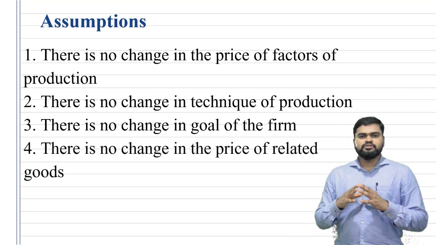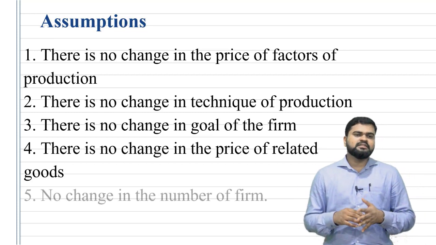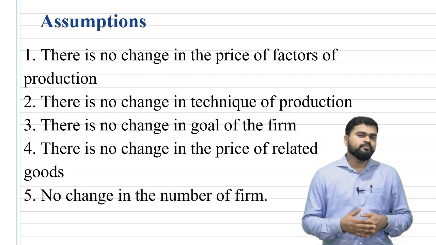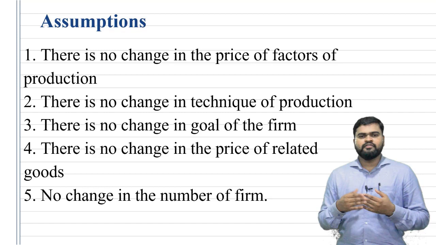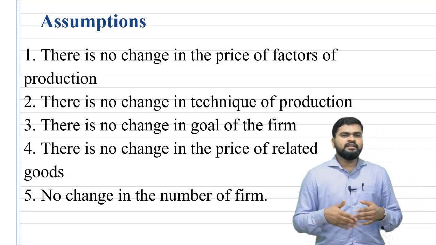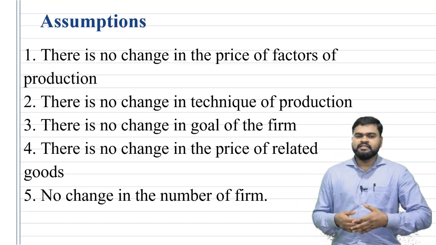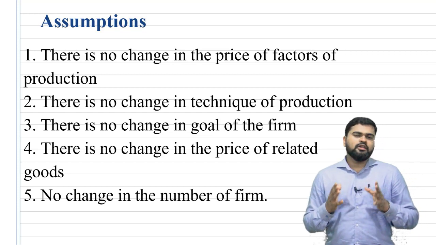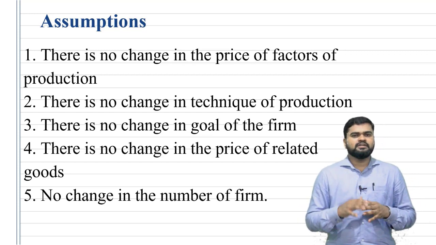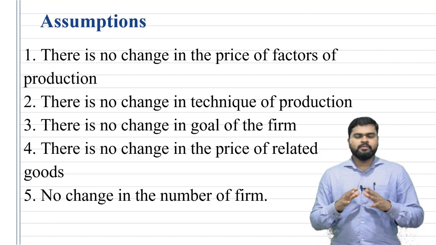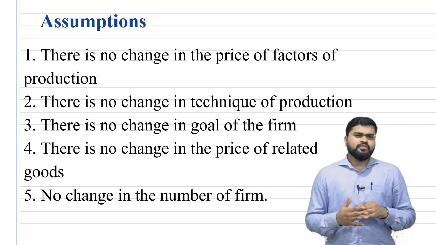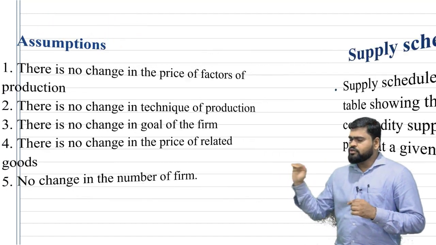The price of related goods should not change. And the last is no change in the number of firms. Why should there not be a change in the number of firms? It's simple. If the number of firms in the industry increases, then supply may increase. That's why if you want the law of supply to function properly, all these conditions or all these assumptions should remain constant. Next, let us move on to the supply schedule.